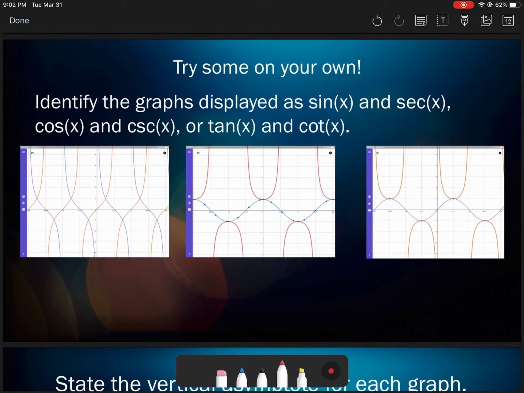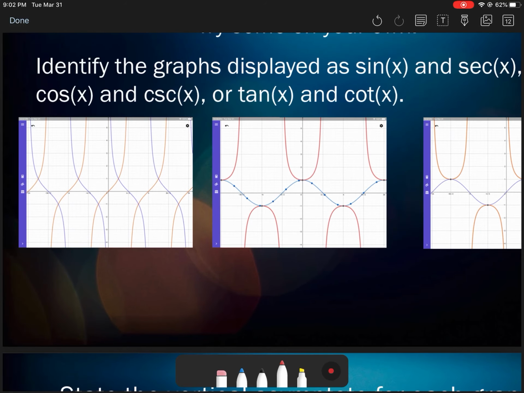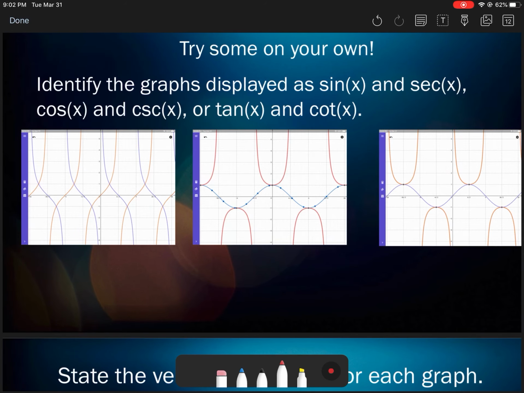and cosecant, or tangent and cotangent. Okay. So let's take a look here. For the first one, that should be easy. We've got tangent of x and cotangent of x. For the middle one, what do we have there?